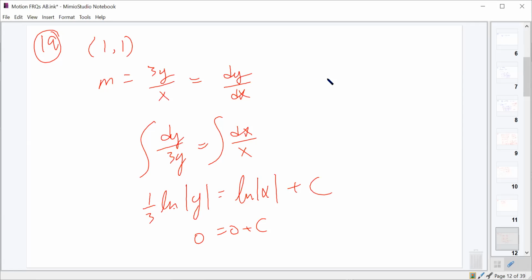So we got 1/3, and it might be nicer to write it as natural log of y equals 3 natural log of x. Because there's a discontinuity at x equals 0, we're only really concerned about the positive half, because our initial condition is on the positive half, so I can ignore the absolute value, which is why they've ignored them in their answer choices.